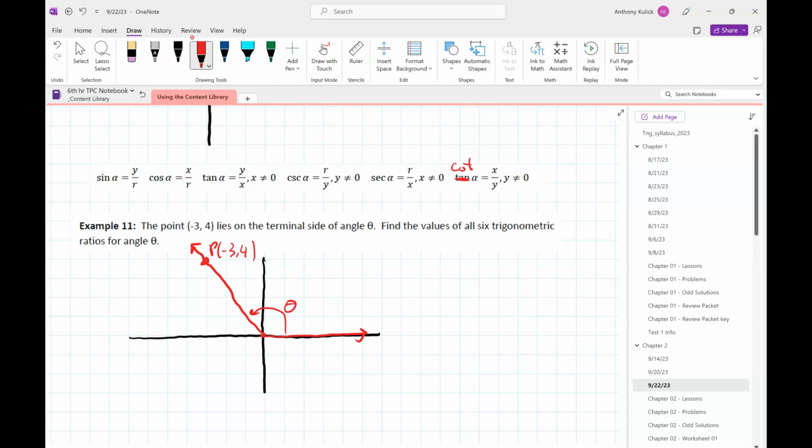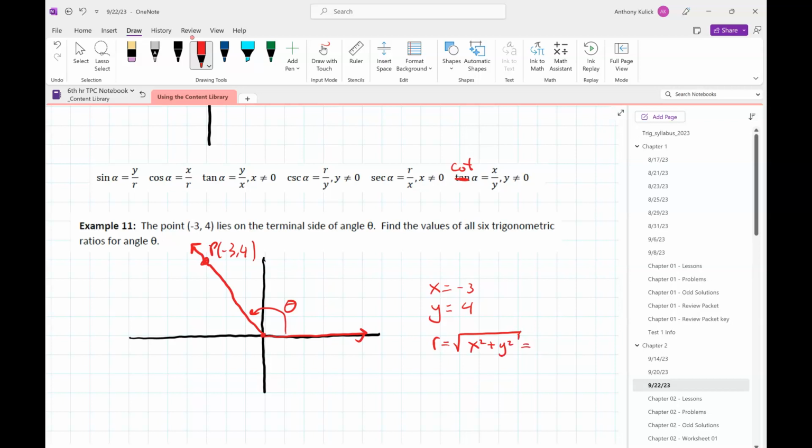Everybody feel so far so good? So in our new definition, I know x is -3. I know y is 4. And I know r is the square root of x squared plus y squared.